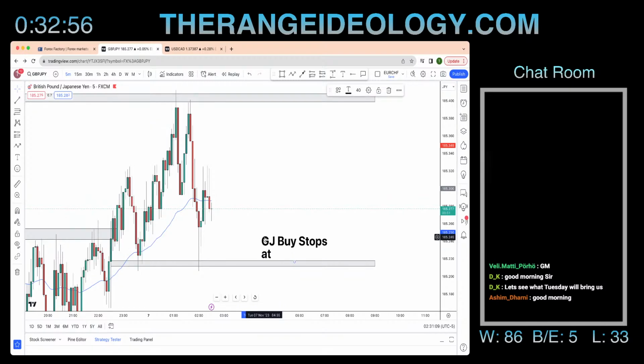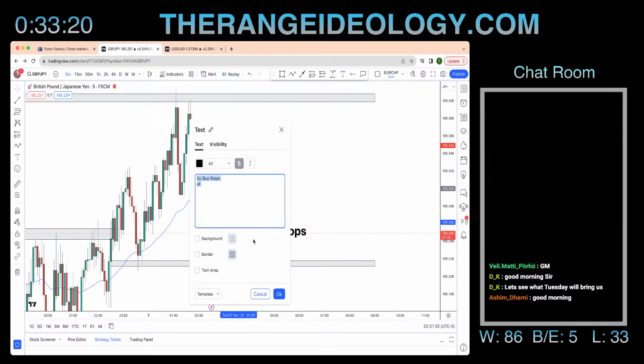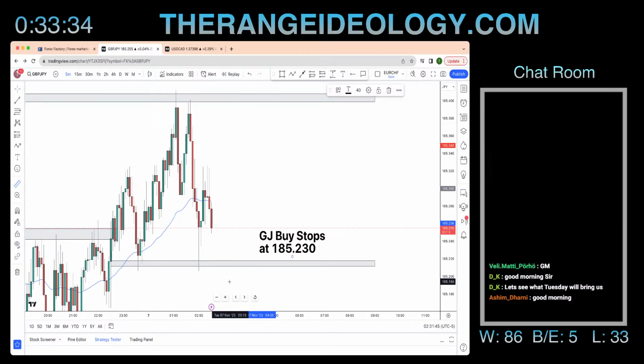Let's see here. So GJ buy stops here. Let's consider that. If price dips below here, where's the 30-minute EMA? Oh, wow, look at that. It's a big dump here. 185.230.